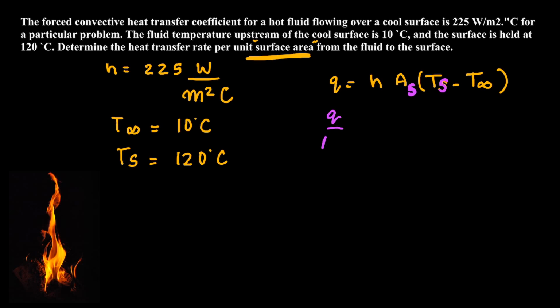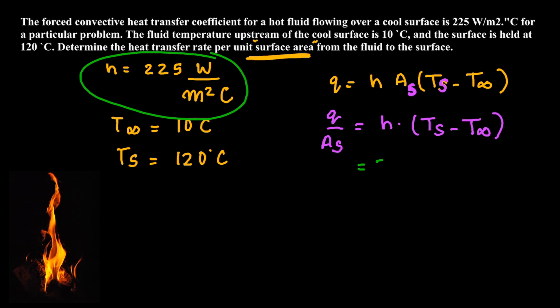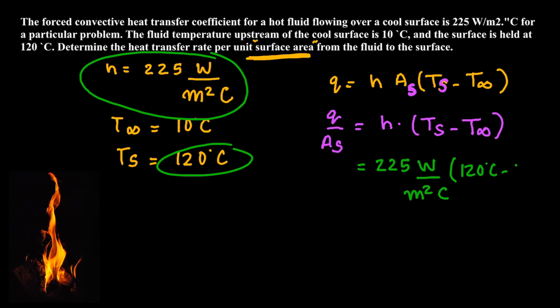So you need to find Q over AS, which is H times TS minus T infinity. So our H is what? H is given as 225 watts per meter square C. TS is 120 C minus 10 C.